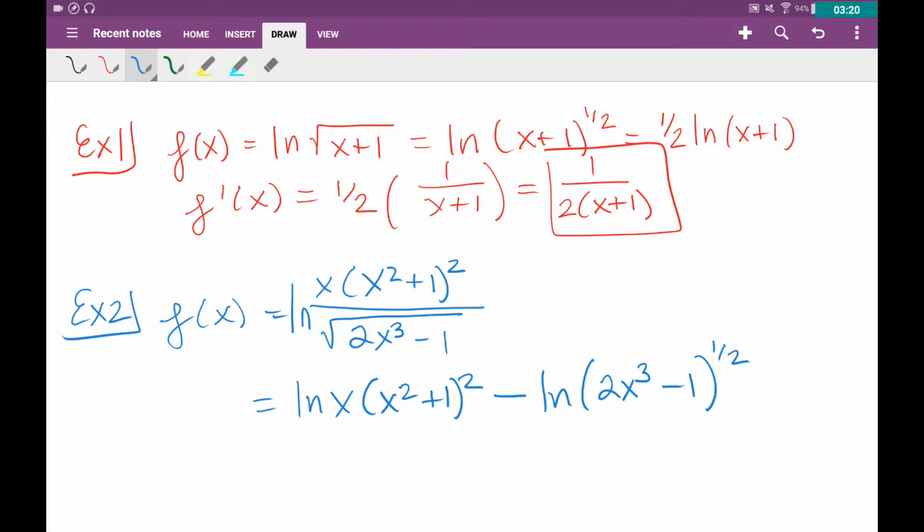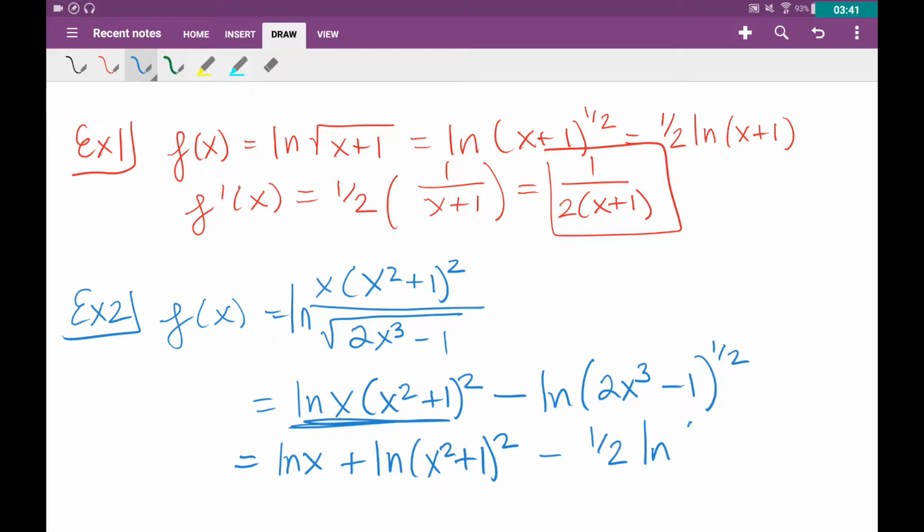Okay. Another rewrite over here on the left hand side, I have a multiplication, so I can rewrite that as the natural log of x plus the natural log of x squared plus 1 squared, minus, on this side I have an exponent, so I'm going to bring the exponent in the front, the natural log of 2x cubed minus 1.